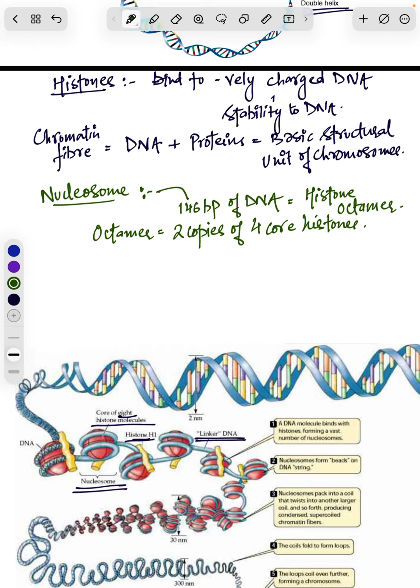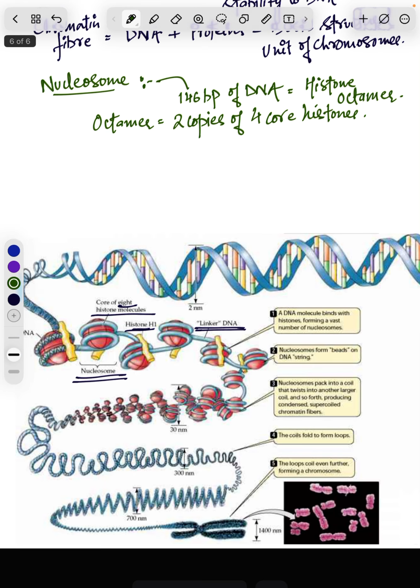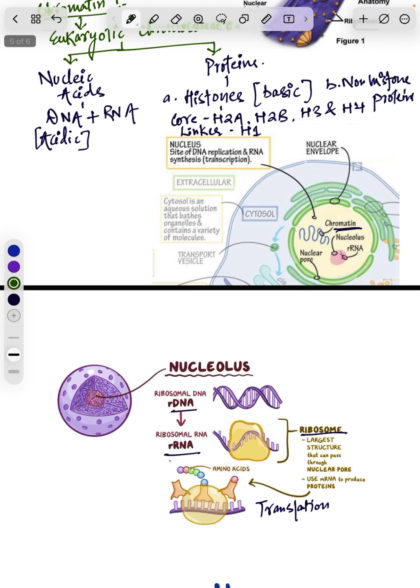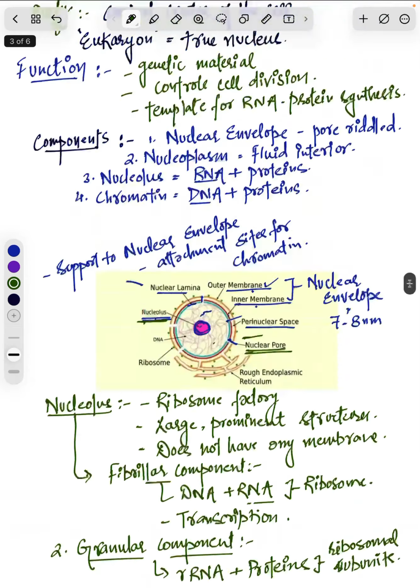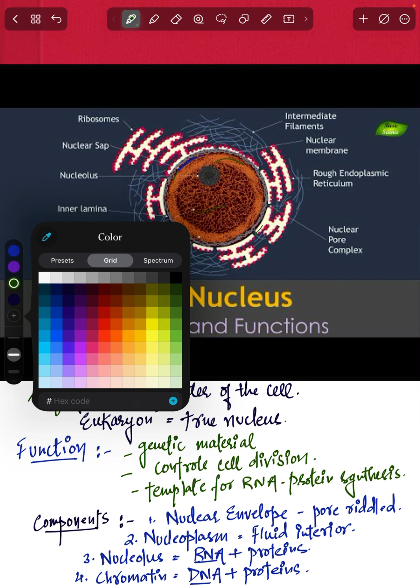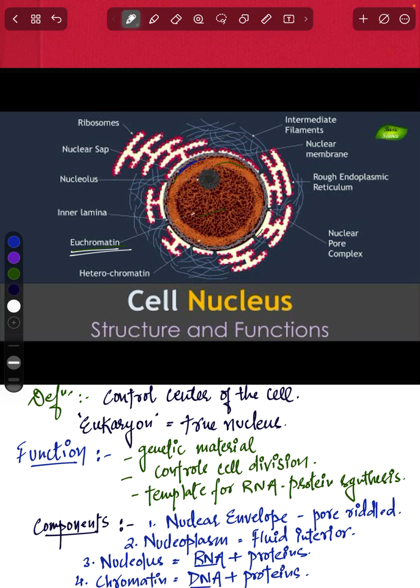Chromatin can be differentiated into 2 regions. The chromatin that we see here, this whole part, is shown in this diagram. This is the whole chromatin part in the nucleus. The dense and dark colored one is euchromatin in the middle, and the lighter one, heterochromatin, is the peripheral part.